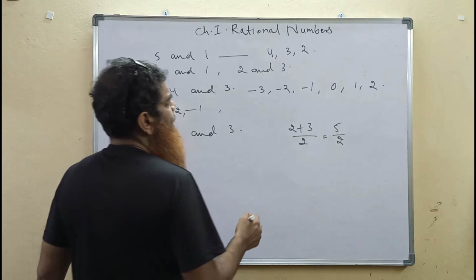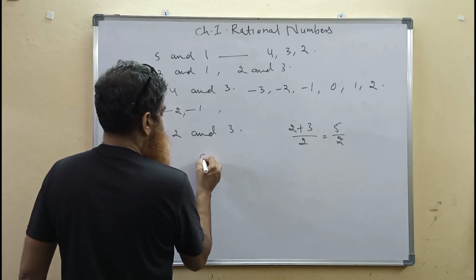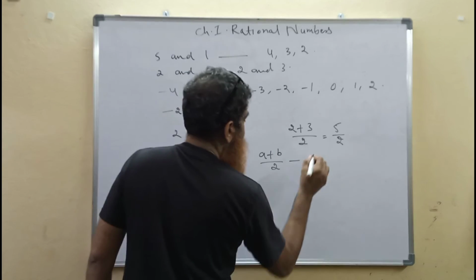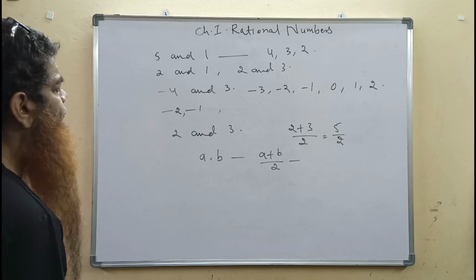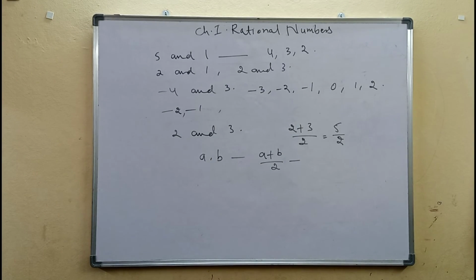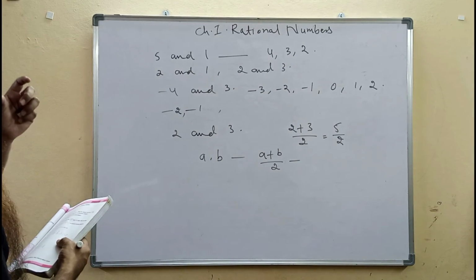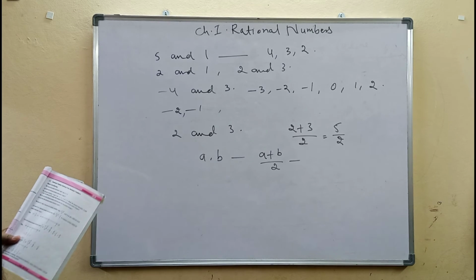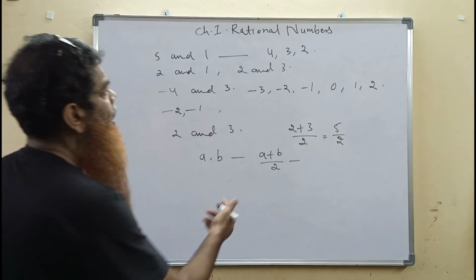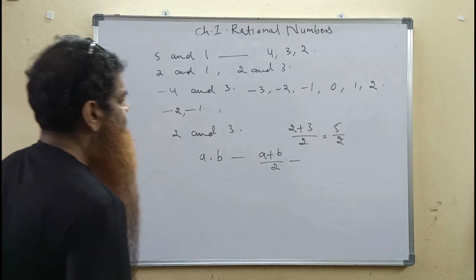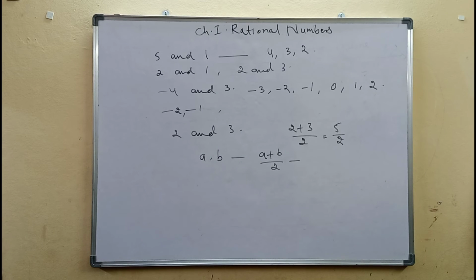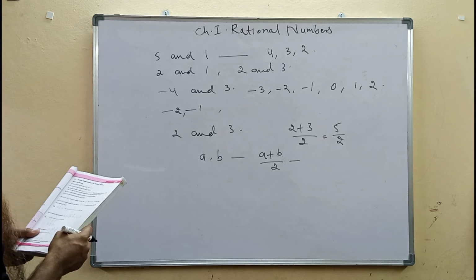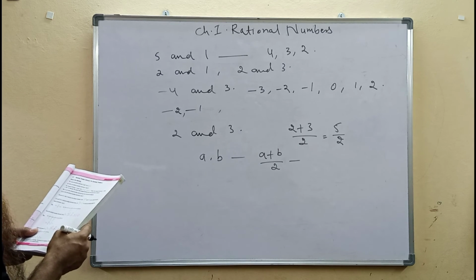We know that if a and b are any two rational numbers, then a plus b by 2 is a rational number in between a and b. It is also called the mean or average. The mean of a and b is a rational number between them.